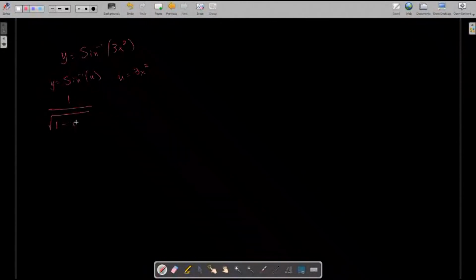And so the derivative of sine inverse is going to be 1 over the radical 1 minus u squared times the derivative of u, which in this case would be 6x. So I'm going to have y prime equals 1 over the radical 1 minus 3x squared squared times 6x, or 6x over radical 1 minus 9x to the fourth. And so this is my derivative for this particular trig inverse function.